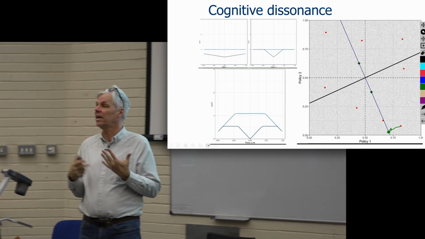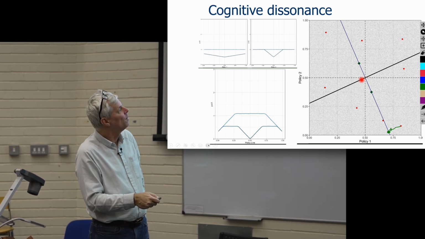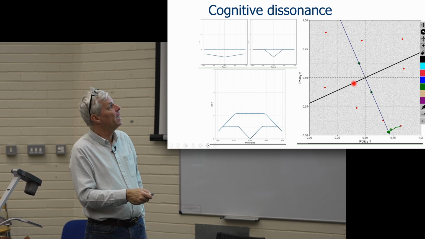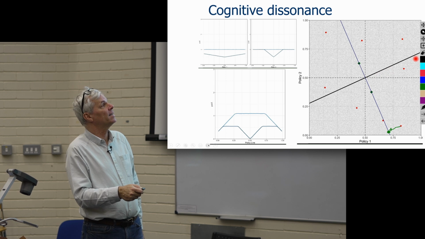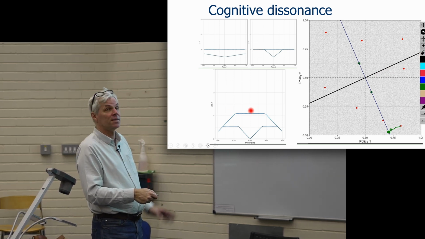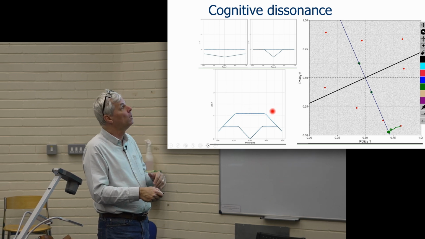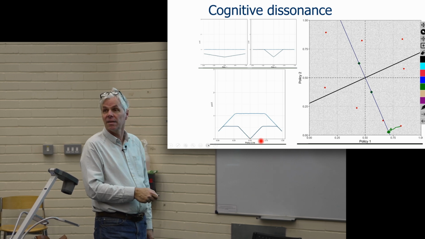Little tiny triangles here, but they're basically measure 0. So all of these guys have cognitive dissonance in something, maybe 1, maybe 2. And there's nobody that doesn't have cognitive dissonance in anything.